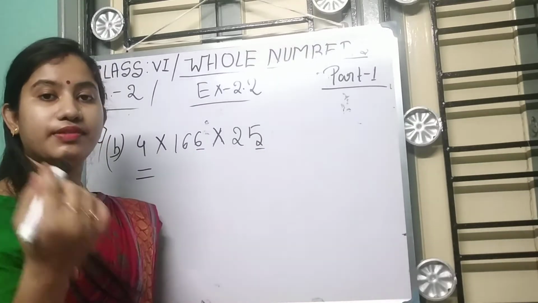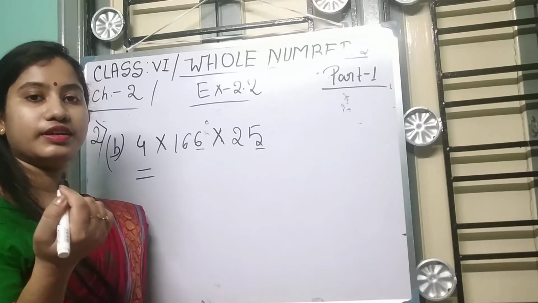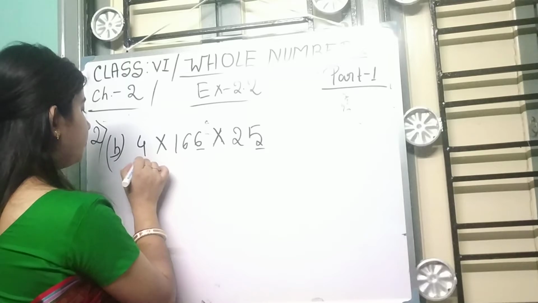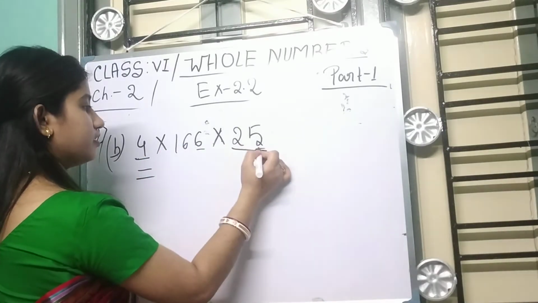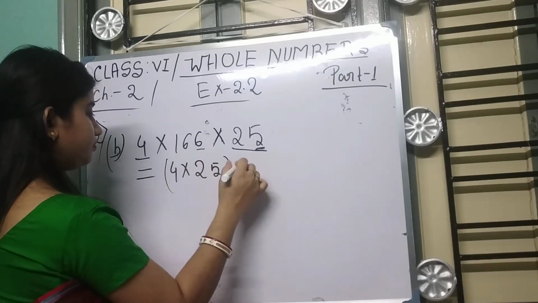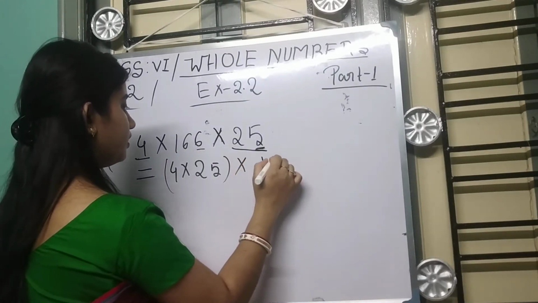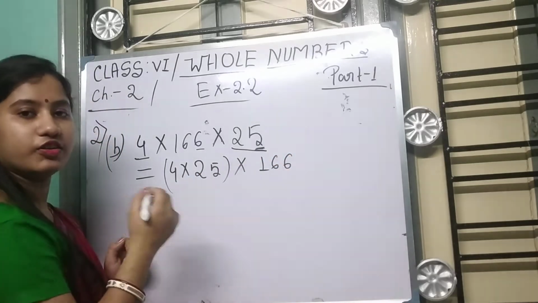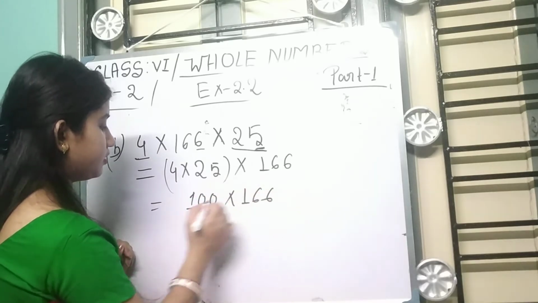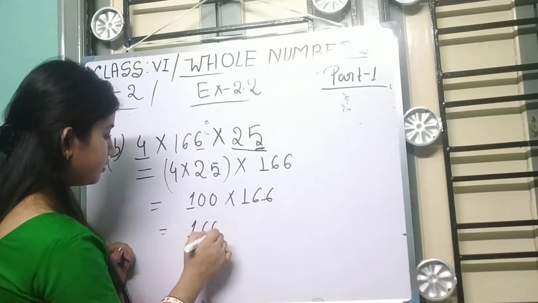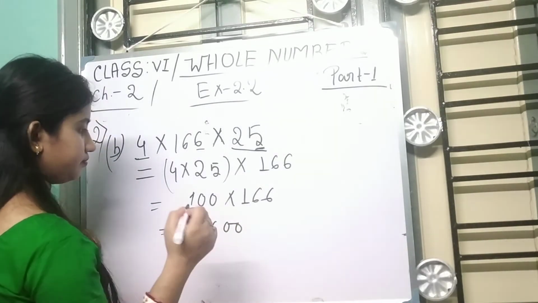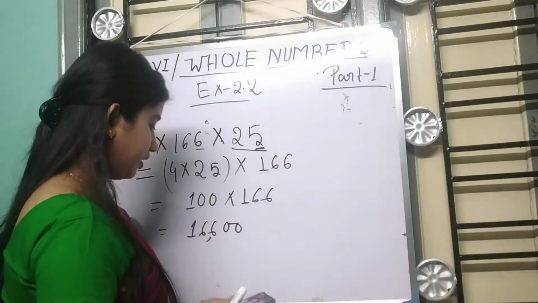So if we multiply 5 by 2 or 4, then we get a 10 place or 100 place. Then first we multiply 4 and 25 because here is 5. So 4 into 25, and next 166. Now 4 into 25 means 100 and 166. So we get 166 and these 2 zeros.